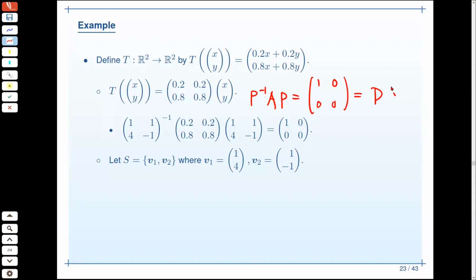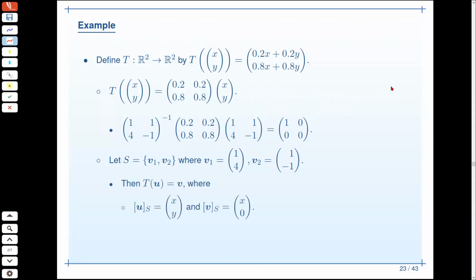So what does it mean? Now let's look at this. T is given as follows, which looks like a very complicated formula. Suppose we write T(u) = v. I don't care what u and v are, I just see what the coordinate vectors are.